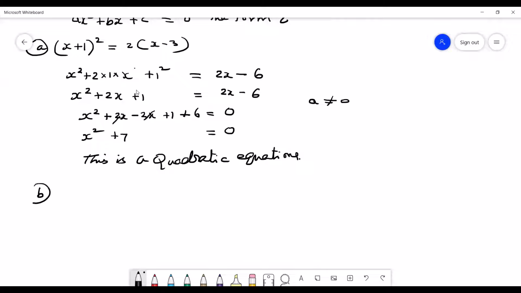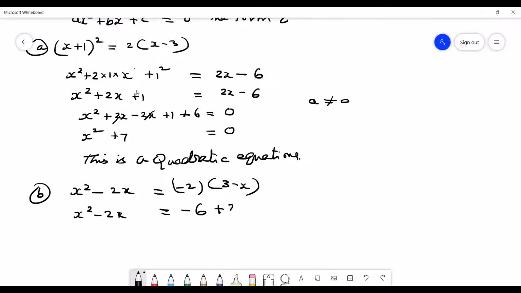Let us consider question number B. Question B is x square minus 2x is equal to minus 2 into 3 minus x. This is also from exercise 4.1. We can write this as x square minus 2x is equal to multiplying 3 minus x with minus 2. So 3 into minus 2 is minus 6, and minus 2 into minus x, minus into minus will be plus, 2 into x is 2x.